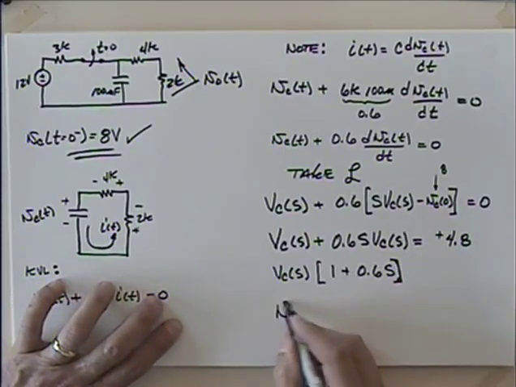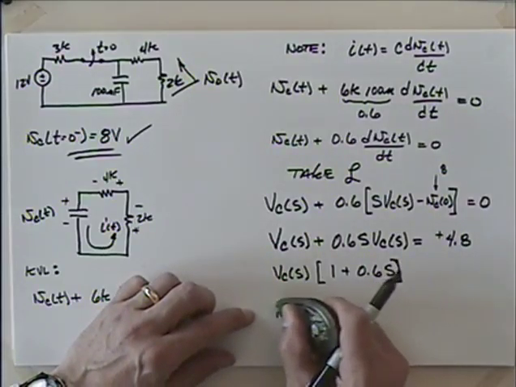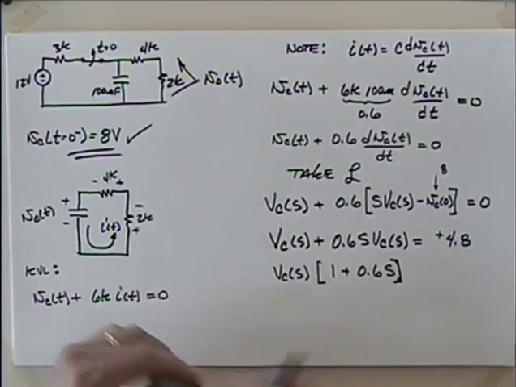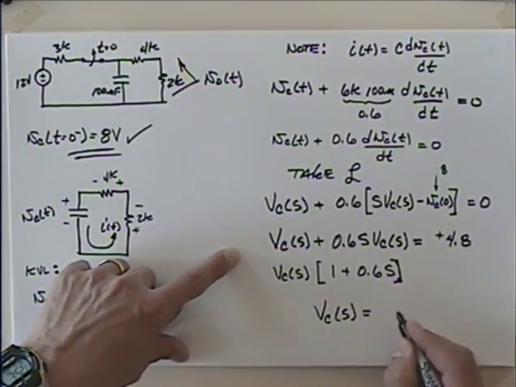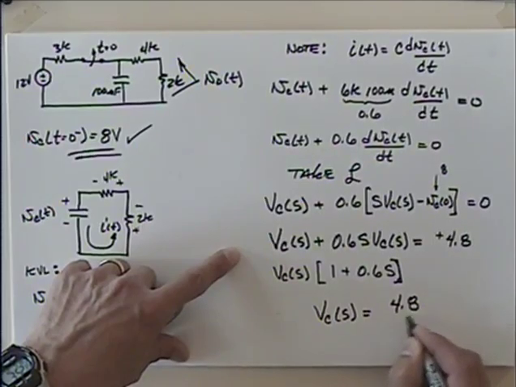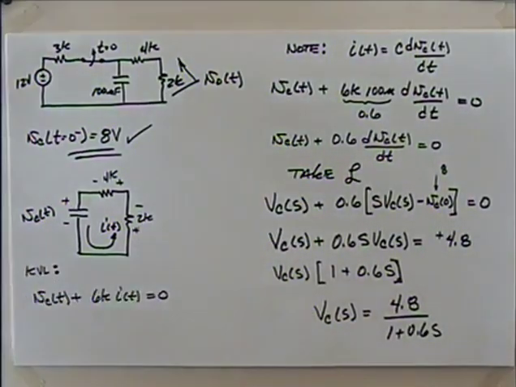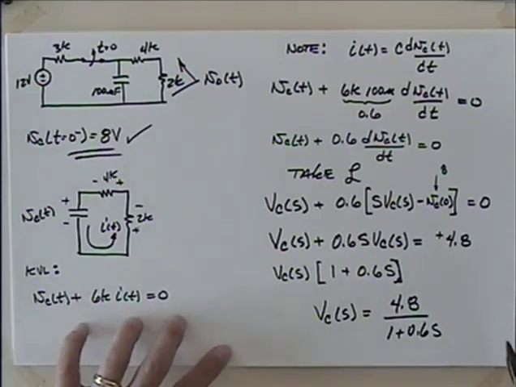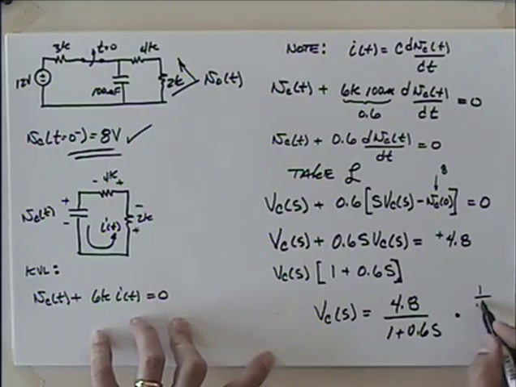So I can then solve for Vc in the S domain. Vc in the S domain is equal to 4.8 divided by 1 plus 0.6 S. Okay. And I'd like to make that a little more convenient to look at, so I'm going to multiply this by 1 over 0.6 top and bottom.